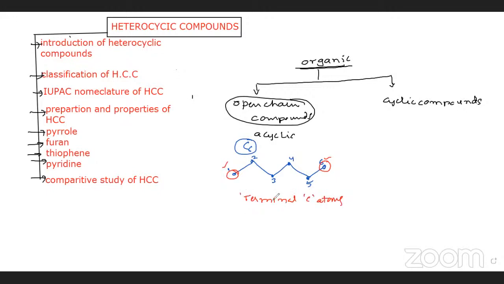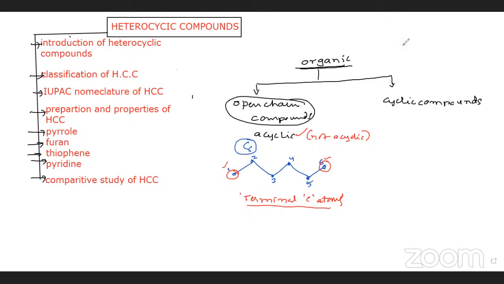If the terminal carbon atoms do not bond with each other, it exists in an open chain structure, which is known as acyclic compounds. Not in a cyclic form.